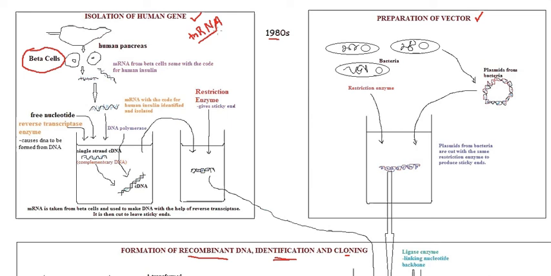Now normally, from DNA we get mRNA. That's the normal process.